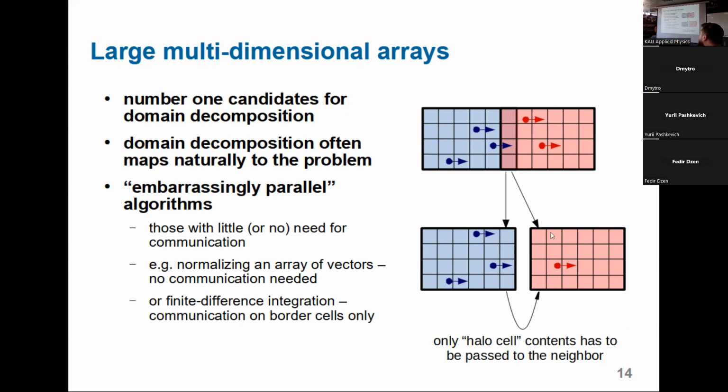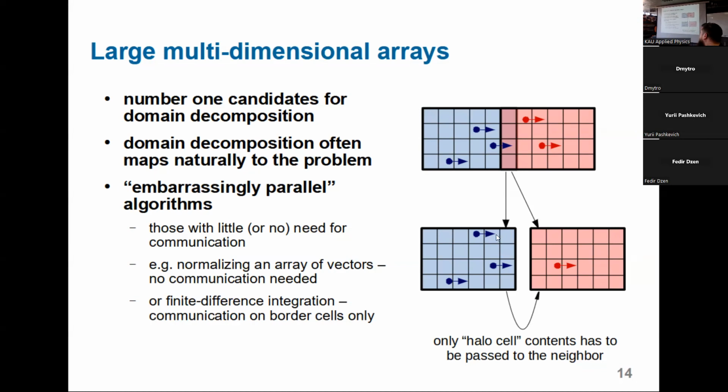And for that, in order to compute here in the red region, I need to know the values here from the blue region. What I do is store one more line in the red node, and between each step, I send a message from the blue node to the red node, and that message contains only this line that has to be shared.